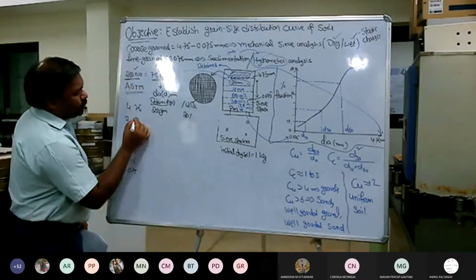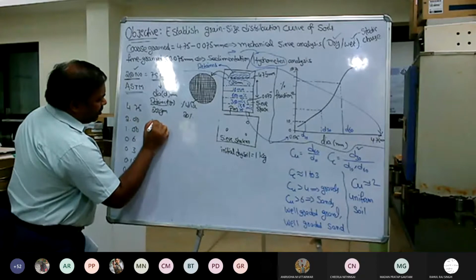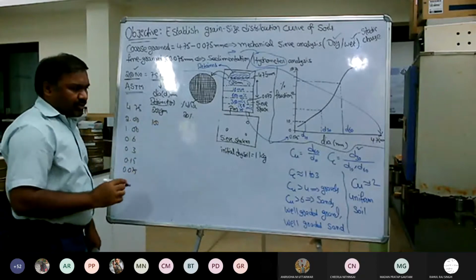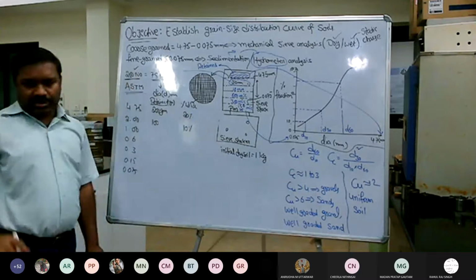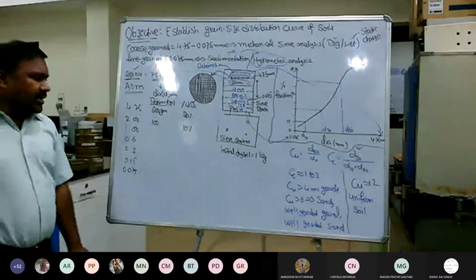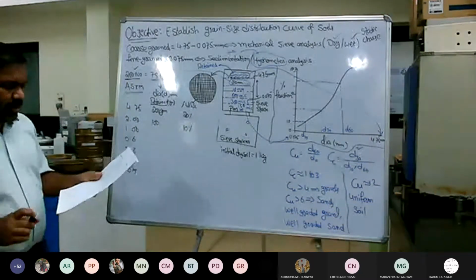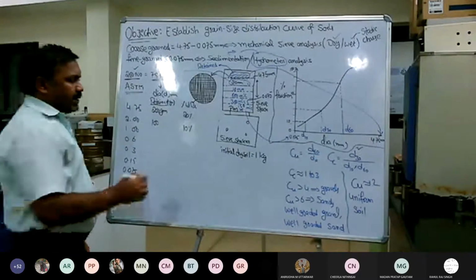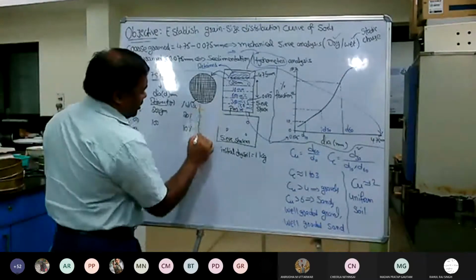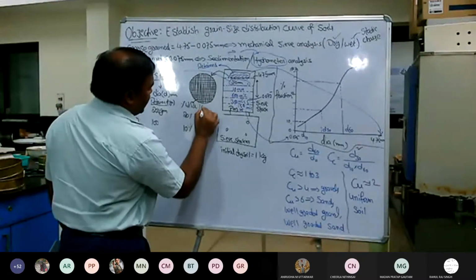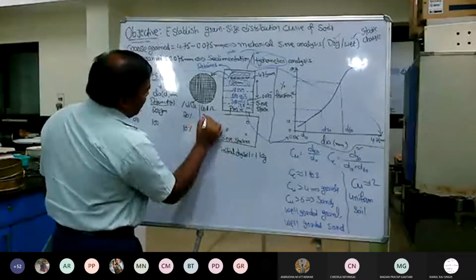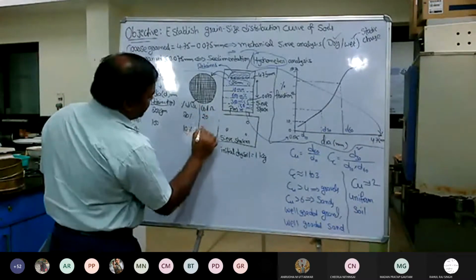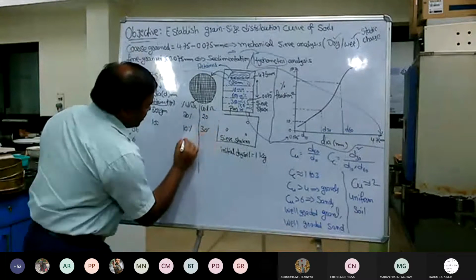Say for example, corresponding to 2 millimeter, the weight retained is 100 grams, so the percentage retained is 10%. Then the cumulative percentage retained. Here it is 20, then cumulative means this is 30.